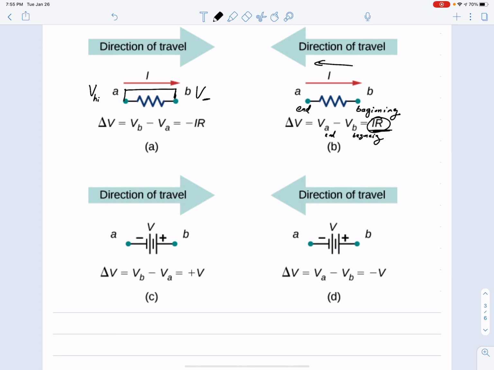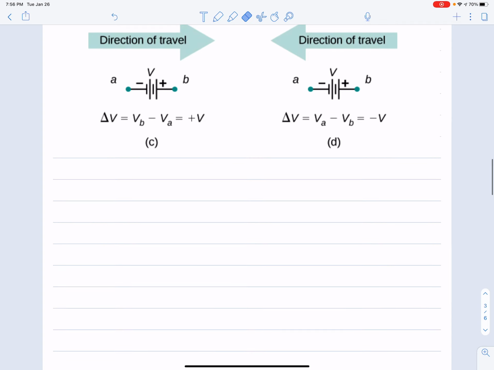So high, low. The same deal happens here, where this is high electric potential, low electric potential. The change in these two, following the order that I told you, end and beginning, in this situation will give me a positive value.